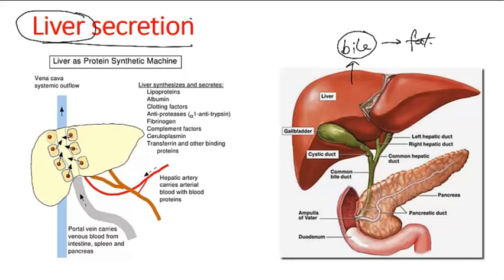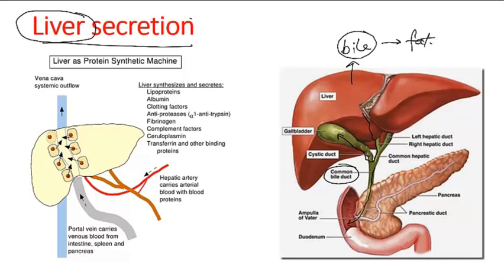The bile backs up into the gallbladder. It's secreted by the liver, and through this duct it will go to the gallbladder through the cystic duct, and finally the common hepatic duct and cystic duct tie together to form what's called the common bile duct that will ultimately release all those components into the duodenum.